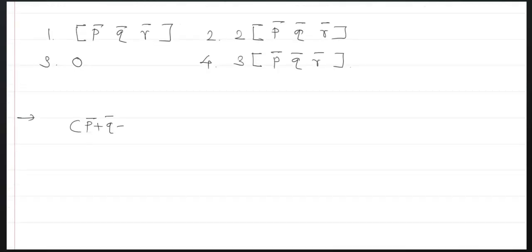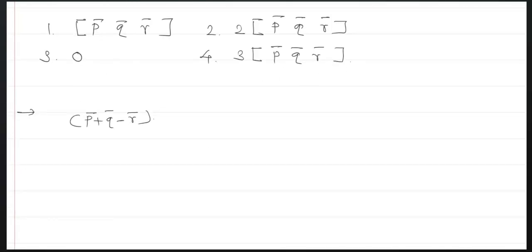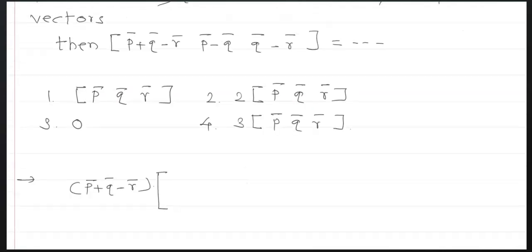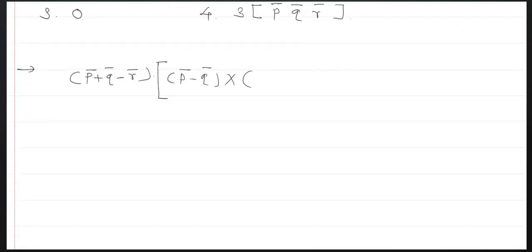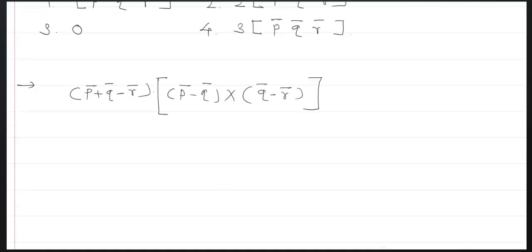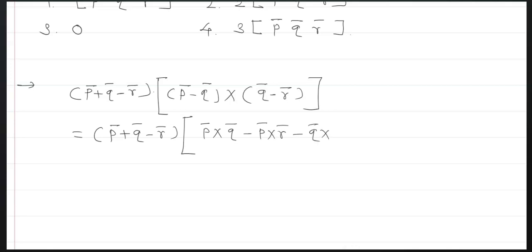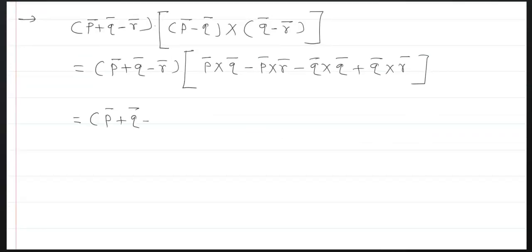That is p bar plus q bar minus r bar dot in bracket, that is q bar cross r bar. That is p bar minus q bar into q bar minus r bar. Now we will perform their product: p bar cross q bar minus p bar cross r bar minus q bar cross q bar plus q bar cross r bar, that is in bracket.